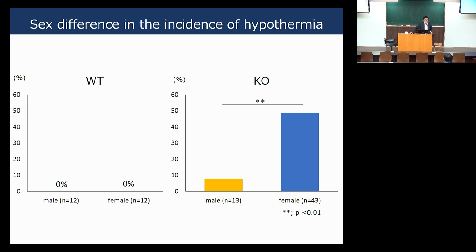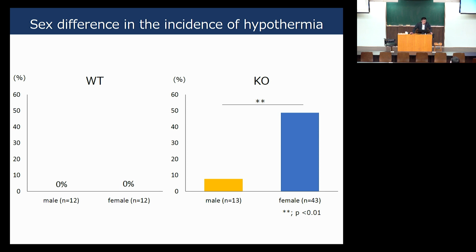They have fever. On the other hand, in knockout mice, almost all of those with hypothermia were female. Unfortunately, I don't know why, but only one male has hypothermia. But most of them are female.